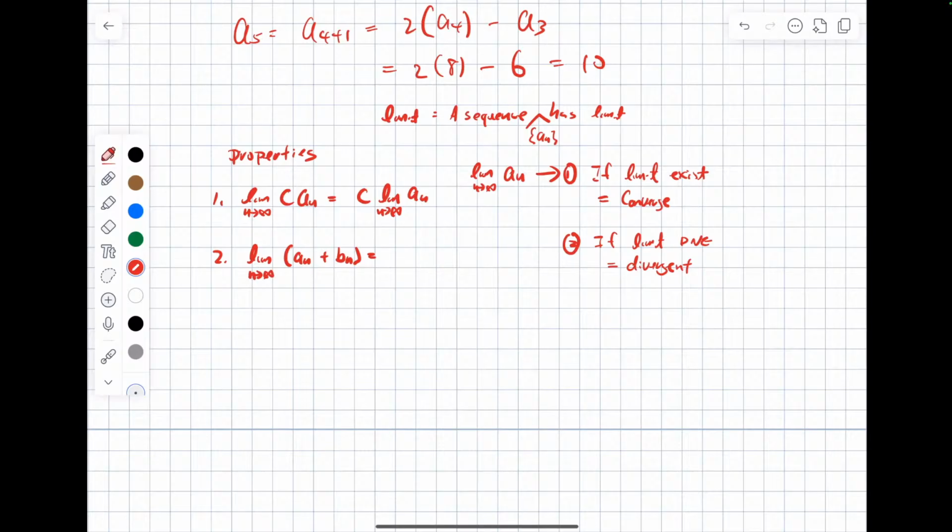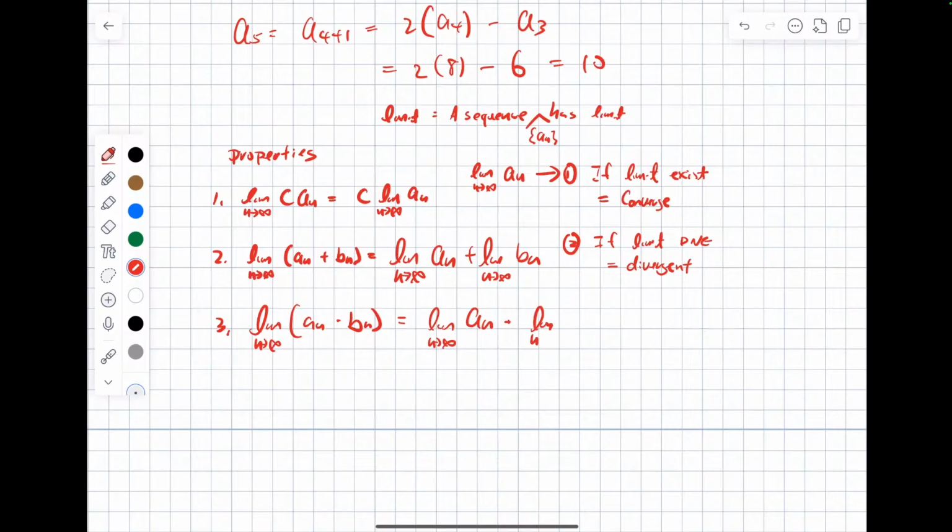So you can have two sequences. One sequence is a_n, the second sequence is b_n. The limit as n approaches infinity of a_n plus b_n is the limit of a_n plus the limit of b_n. The third property, the limit of a_n times b_n, is really like the distributive property: the limit of a_n times the limit of b_n.